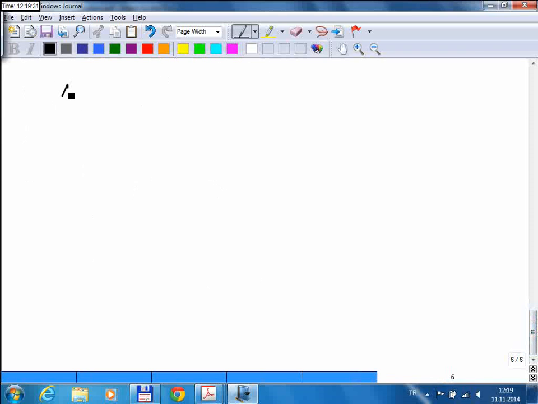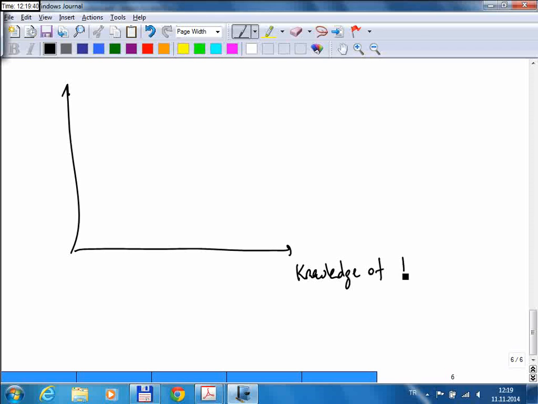If you consider a graph, let's say the horizontal axis is the knowledge of the student, and the vertical axis is the grade. The knowledge goes from 0 to, let's say, 100%. Let's say this is a normalized curve. A student who knows very little, like 10%, should be able to get a grade corresponding to that.